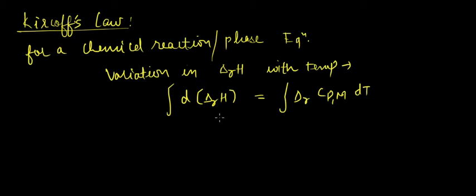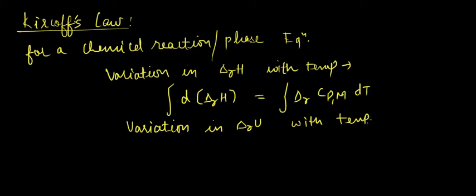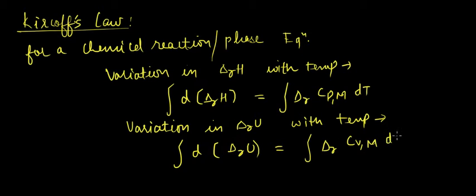And variation in delta rU with temperature can be written as d of delta rU equals delta r CVM dT.